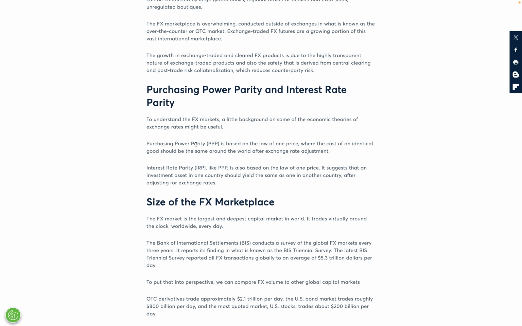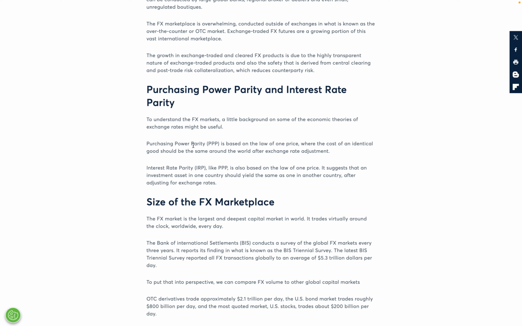So how I understand this is the purchasing power of $1 should be the same in the US as it is in, let's say, Europe. So $1 is still $1 for FX.